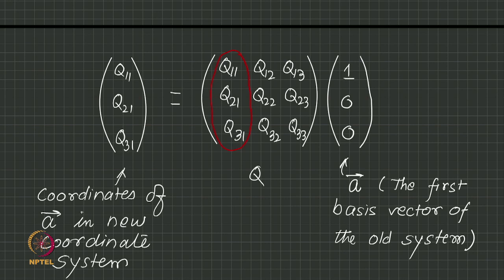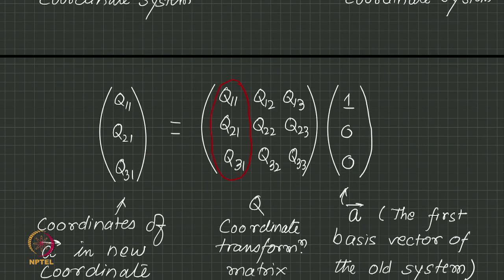Which means the first column of the coordinate transformation matrix is nothing but the transformed first old vector. This is nothing but the A vector written in the new coordinate system.